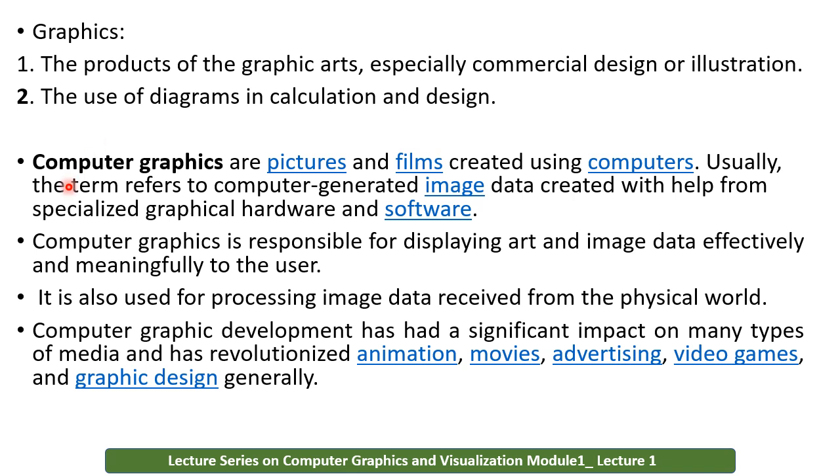Computer graphics are pictures, not only pictures but also films, meaning dynamic movies or moving pictures, created by using computers. That is what is called computer graphics. Usually this term refers to computer generated images. Computer generated images are synthetic images.